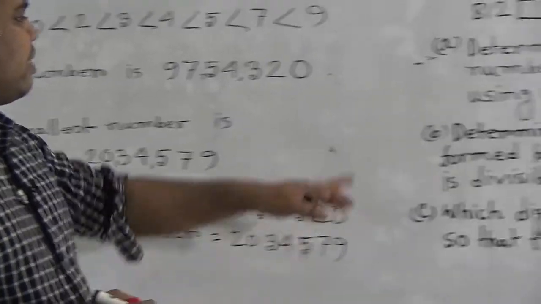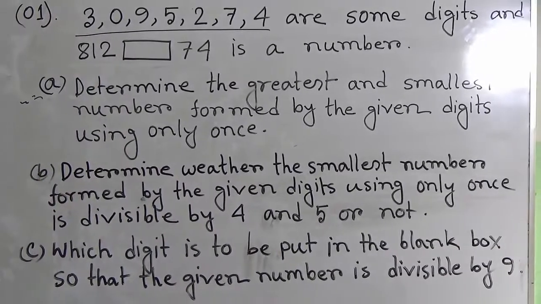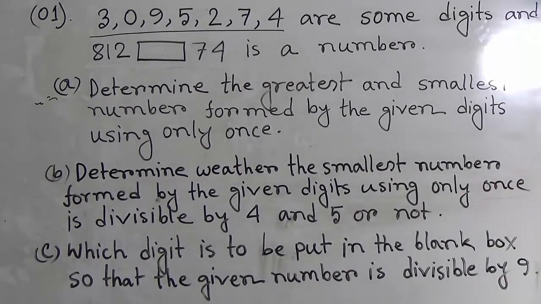Now we shall solve our second question. Determine whether the smallest number formed by the given digits using each only once is divisible by 4 and 5 or not. So at first we make the smallest number formed by the digits.